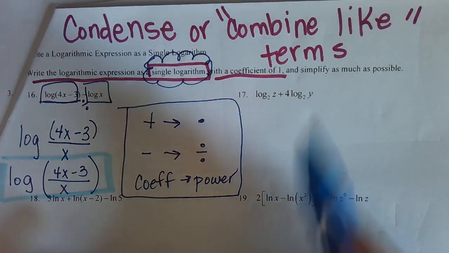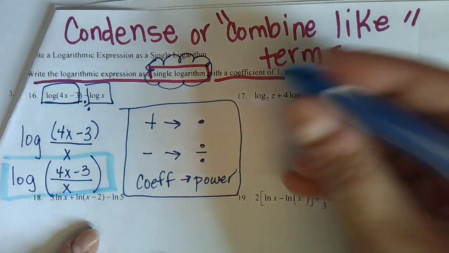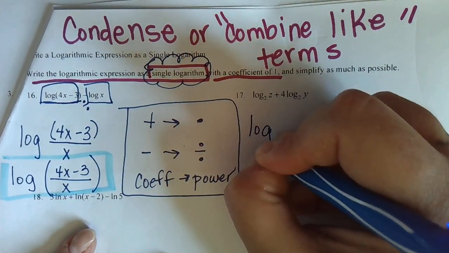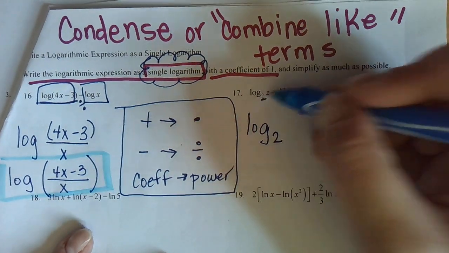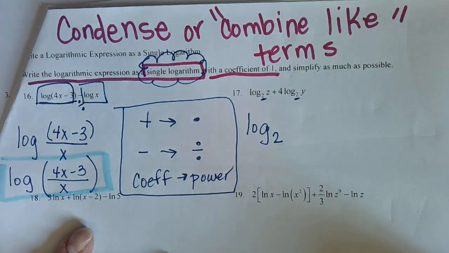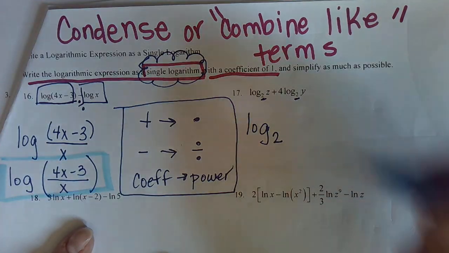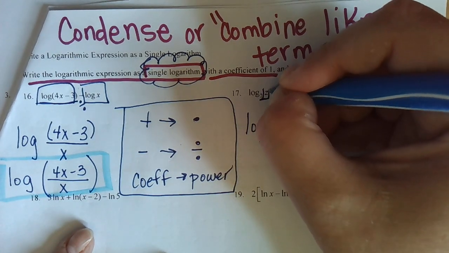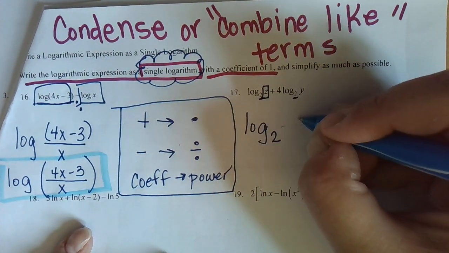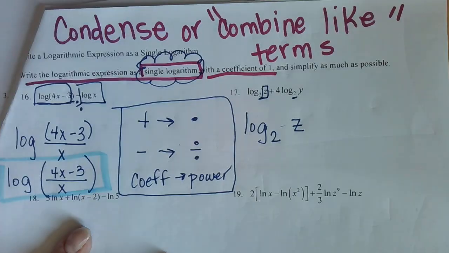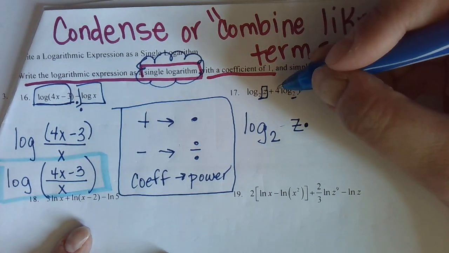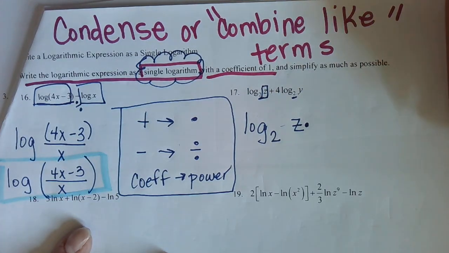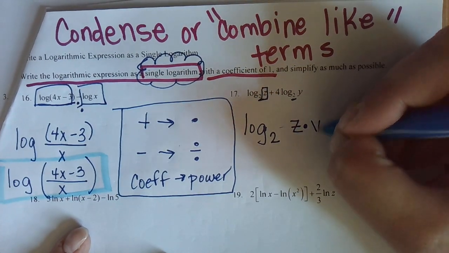All right, let's go to number 17. It says log base 2. We'll first put a log with a little baby 2 down. That little baby 2 never changes. Then I see log base 2 of 2z, so I'm definitely going to have some kind of z action. Then I got a plus, which means multiply. Then I got a 4 log base 2 of y, so I'm definitely going to have a y.